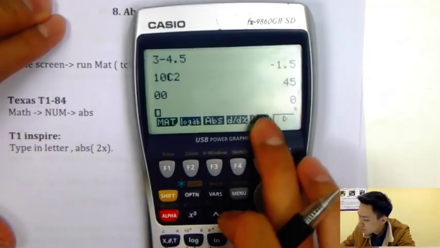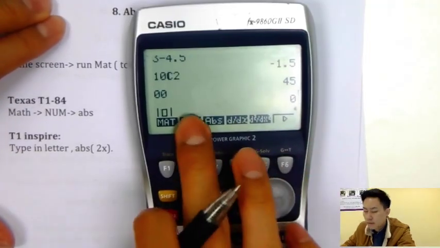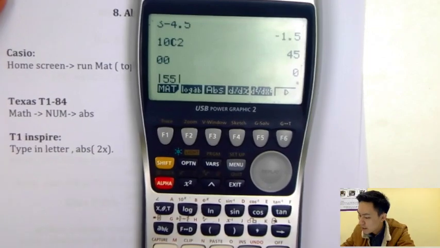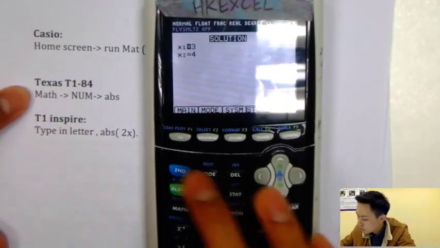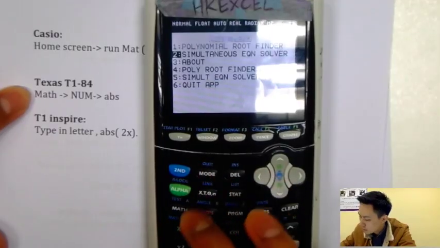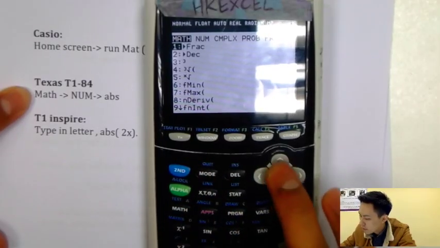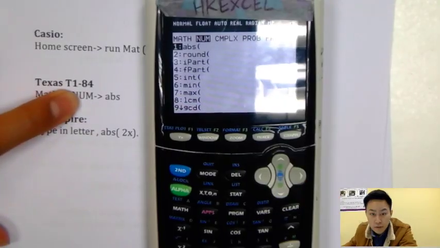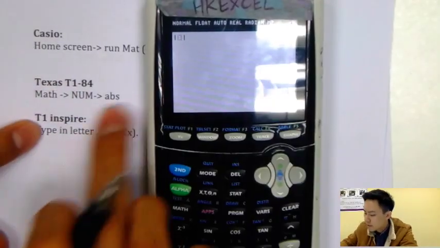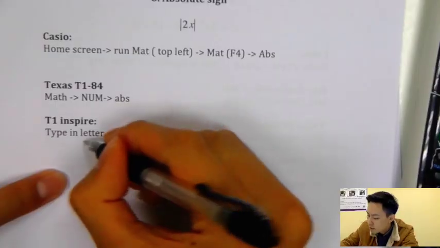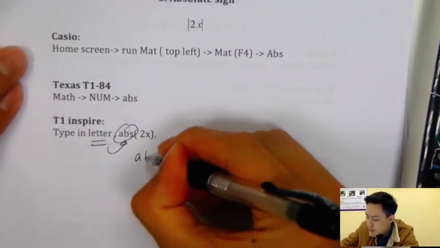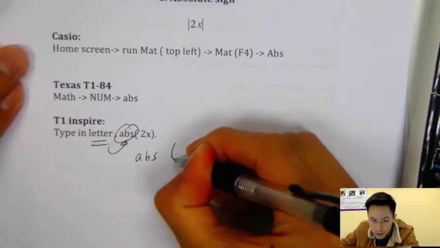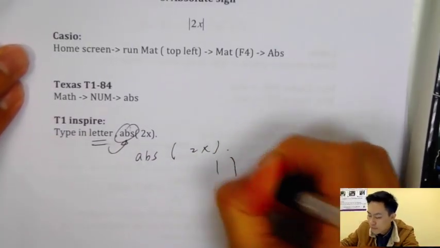So F4. And then you see ABS, and you can see this is the absolute sign. Okay. And for TI-Nspire, you just go to math, and then you go down. You go to number, and then you will see ABS. Or you just type in ABS literally, and then bracket, and then just type in 2x. Then you have the absolute sign.